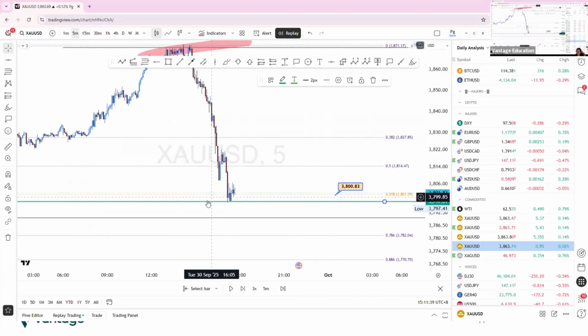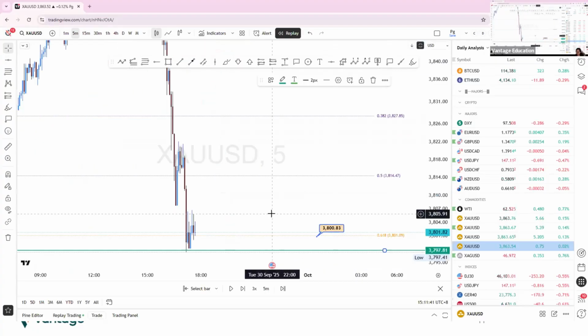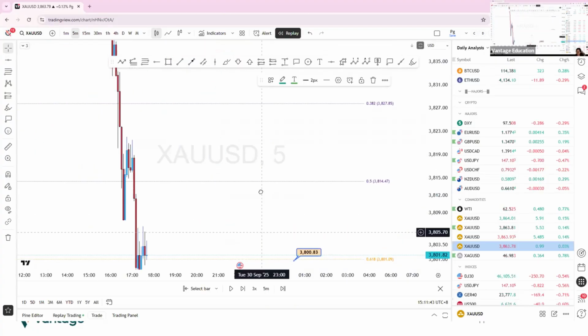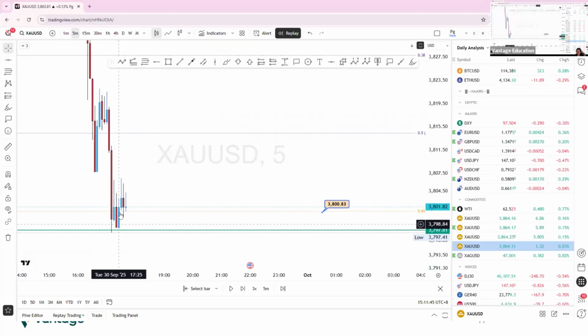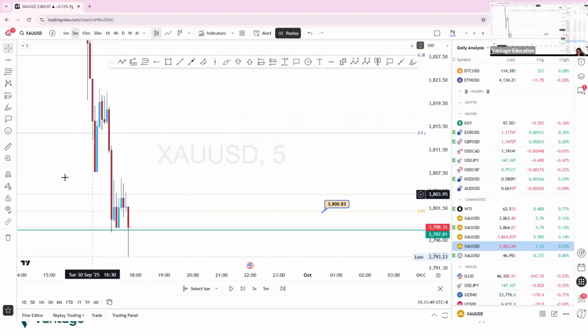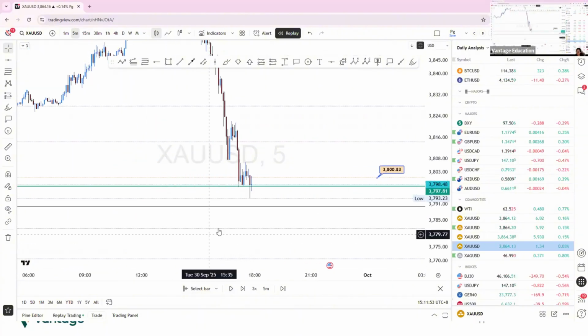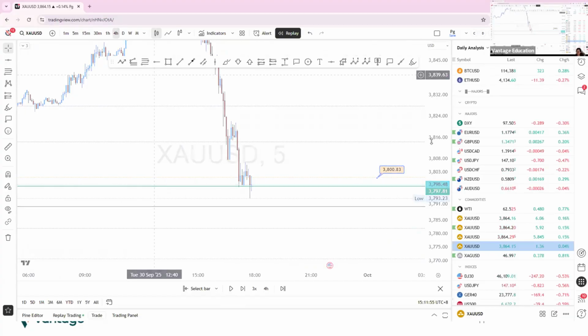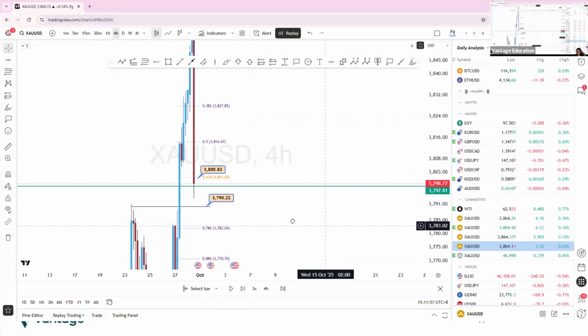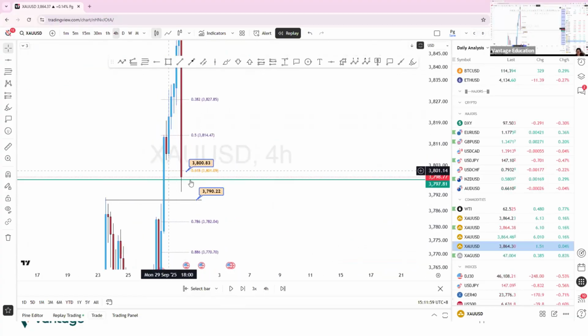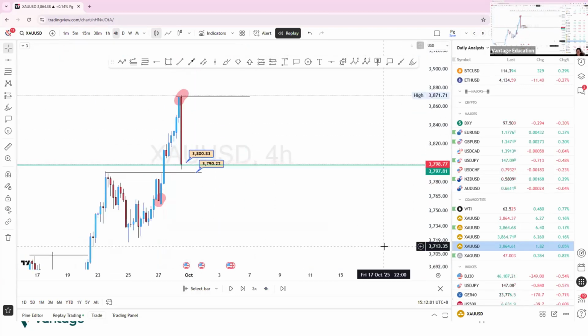If you zoom in on M5, what do you see? The opening and closing are the same. We want something very clear. Price broke below.